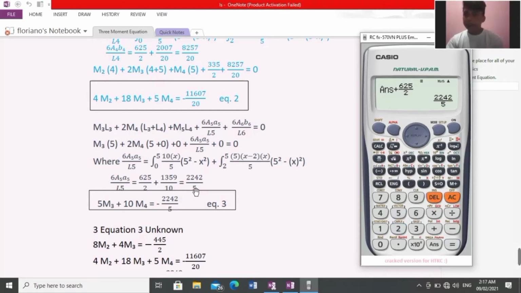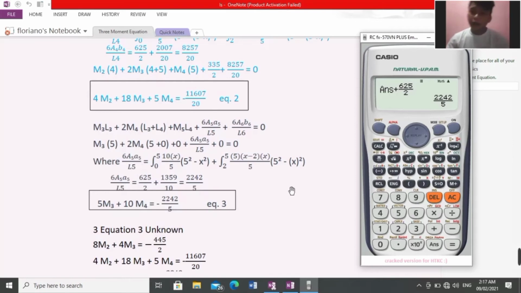Ang magiging sagot is 2,242 all over 5. So, tama yung sagot natin. So, by simplifying the equation, ito ang magiging sagot. So, 5M3 plus, so 5 plus 0 is 5, plus times 2 is 10. So, 10M4 is equals to negative 2,242 all over 5. So, ito yung equation 3 natin.